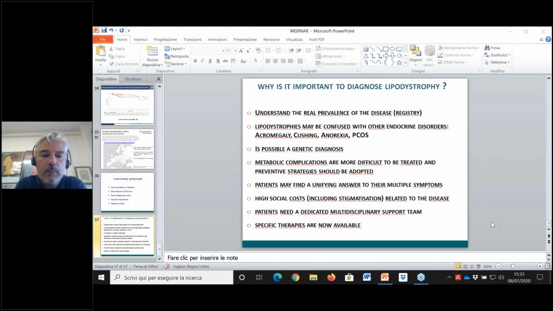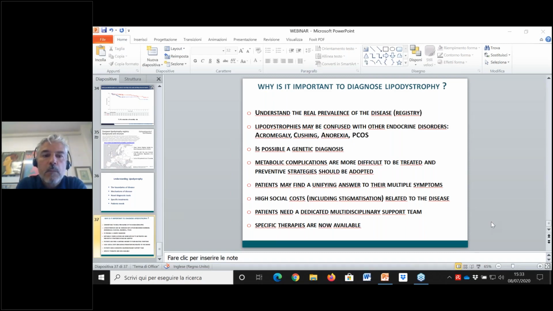As I said, by definition, partial lipodystrophy is characterized by inappropriately low leptin levels. There is some room for efficacy of metreleptin treatment in patients affected by partial lipodystrophy. We are following some of them here, and all over the world, patients have been treated with leptin.